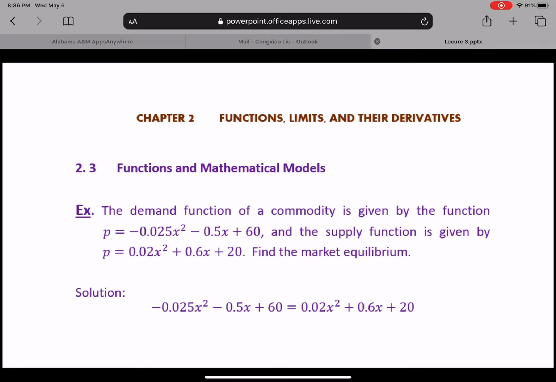So we got negative 0.025x squared minus 0.5x plus 60 equals 0.02x squared plus 0.6x plus 20. And this is a quadratic equation, can be easily solved. So the first thing you do is move the terms to one side and combine like terms. So we just move all the terms on the right to the left and change the sign.